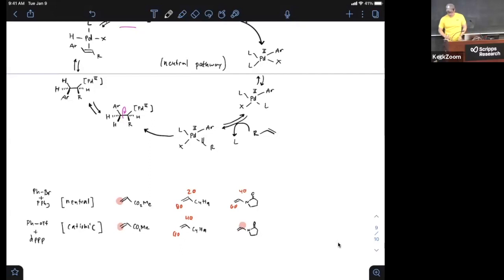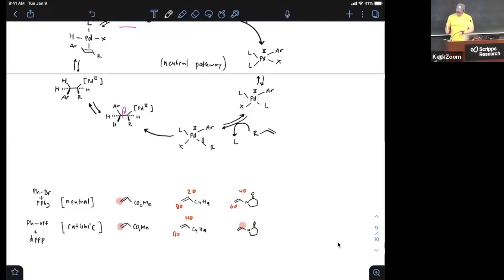But intuitively, based on what we learned in class, I think this hopefully will make sense. So the cationic pathway is favored when the X-type anion is weakly coordinating. So think here things like triflate, nonaflate. I said nosylate, I meant nonaflate. And think here of ligands that are less likely to dissociate, for example, bidentate ligands, where there's a significant entropic cost for dissociating one of the two arms.